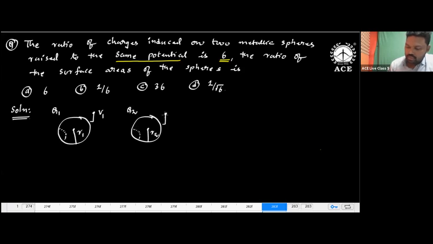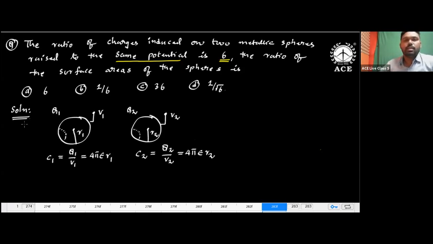The potential on this one is V2. What is C1? C1 is equal to Q1 by V1, which is equal to 4 pi epsilon into R1. C2 is equal to Q2 by V2, which is 4 pi epsilon R2. Clear?